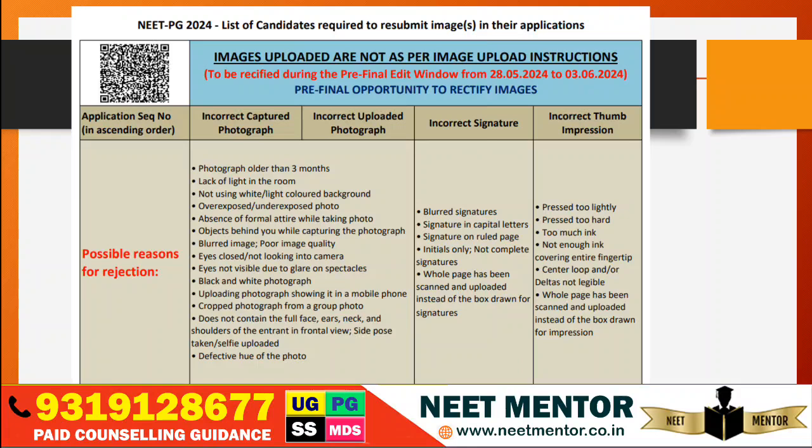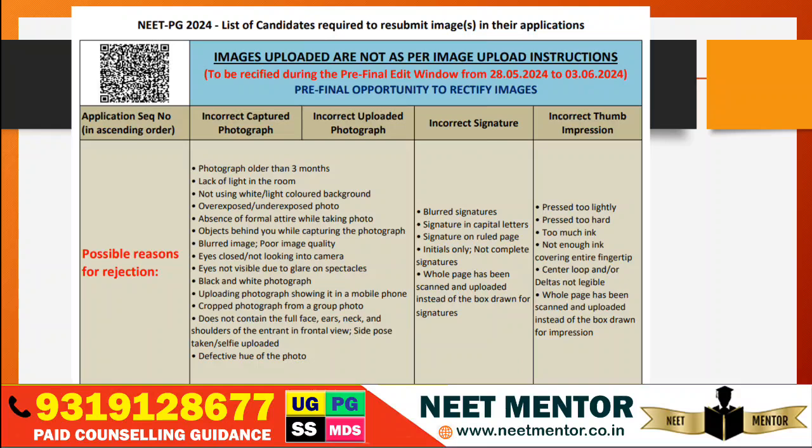Photograph older than 3 months, lack of light in the room, not using a white or light colored background, overexposed or underexposed photograph, absence of formal attire, object behind you while capturing the photograph. You should have a very clear, neat and clean background.